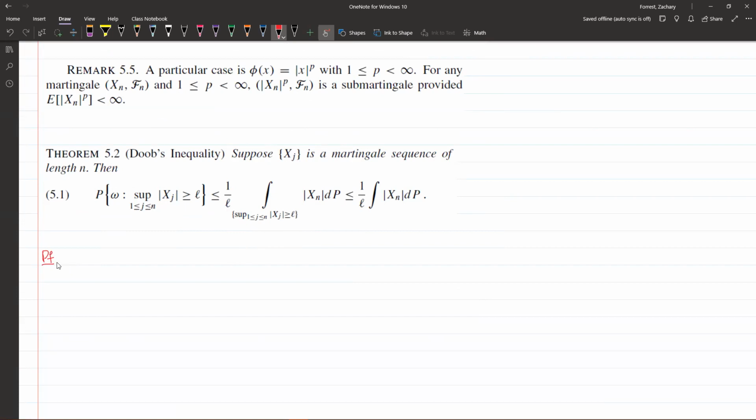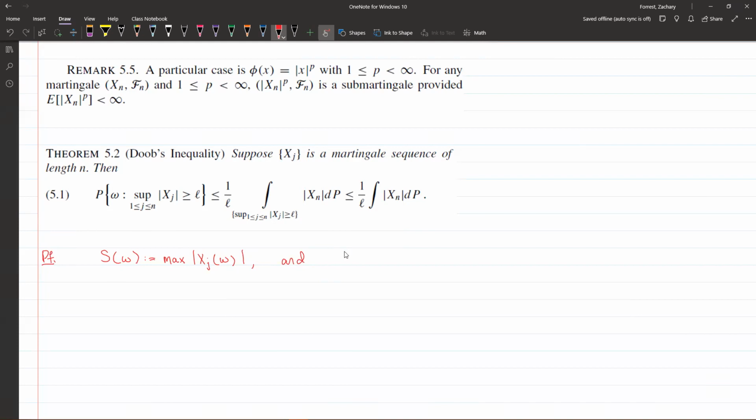Okay, so I kind of just summarized it, but I'll let you guys know what's going on. So what we're going to do is define S of omega to be equal to, and of course, since we've got a finite sequence here, we can call it the maximum of the absolute value of X_j of omega, like so. And from right there, let me double check what I'm writing here. I just want to make sure this is clear.